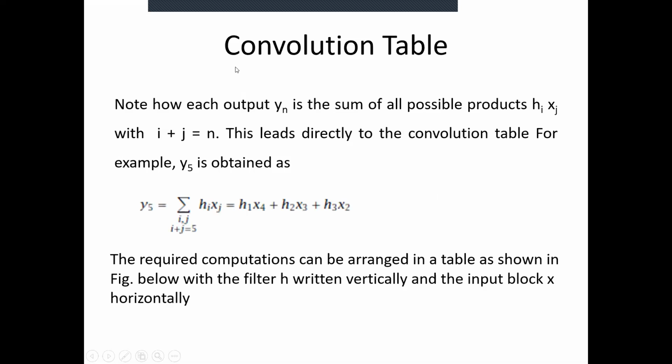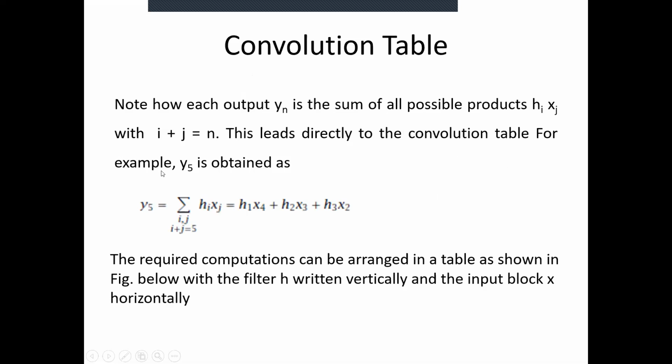Well, okay, now we are going to talk about the convolution table. Note how each output y[n] is the sum of all possible products hi xj with i plus j equal to n. This leads directly to the convolution table.